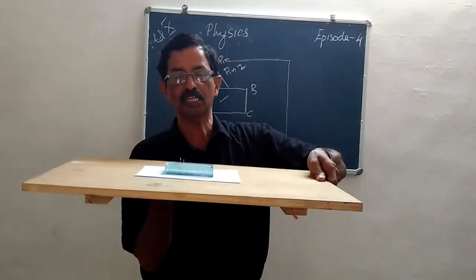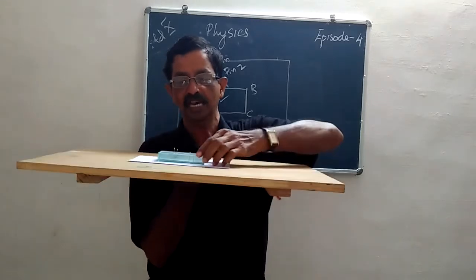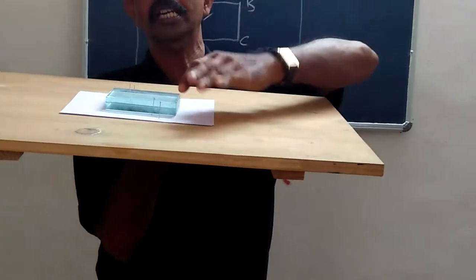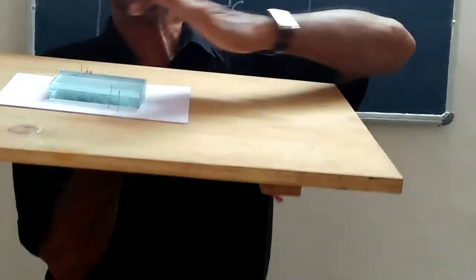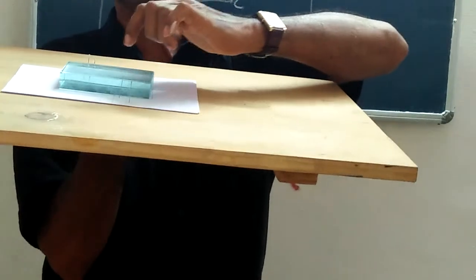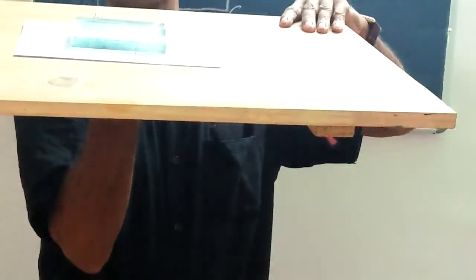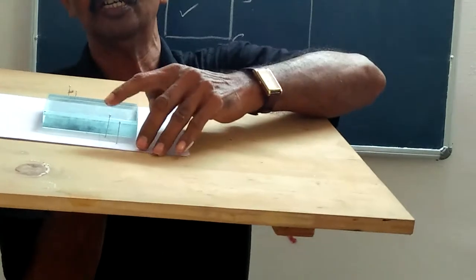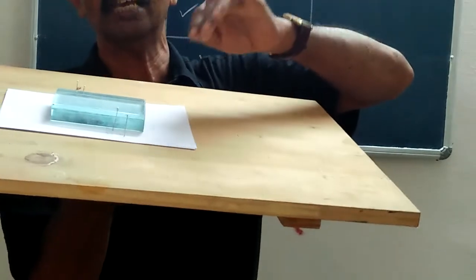Now these four pins you can see on the same line. See, this is the fourth pin. Now you are seeing them on the same line. Okay. Now you can see these four pins, 1, 2, 3, 4, on the same line.